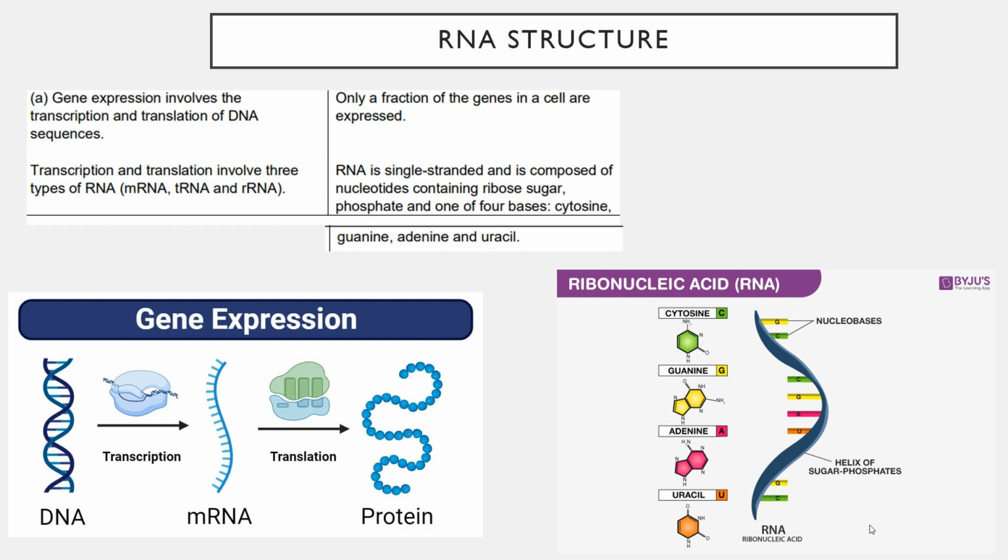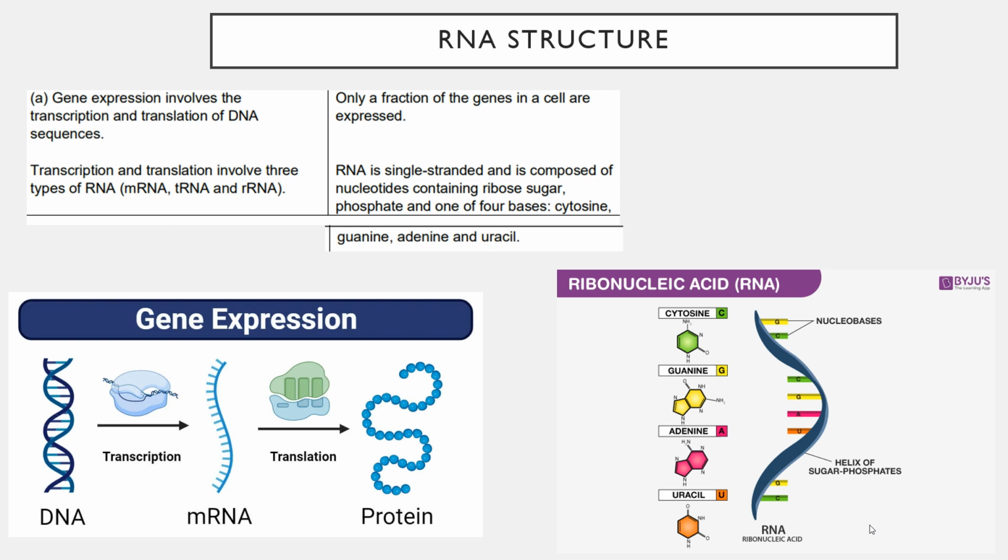How do we get that information where it needs to be? That's where this intermediate molecule, the RNA, gets involved. And there are three different types: the messenger or mRNA, the transfer or tRNA, and finally the ribosomal, the rRNA.